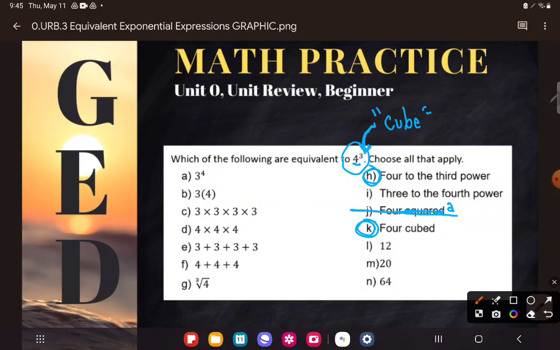Okay, now let's talk about what these exponents mean. Another way to think about exponents is as repeated multiplication. So be really careful. A lot of students see 4 to the third power and their first instinct is to multiply these two numbers, treat it like 4 times 3, or 12. That is not right.